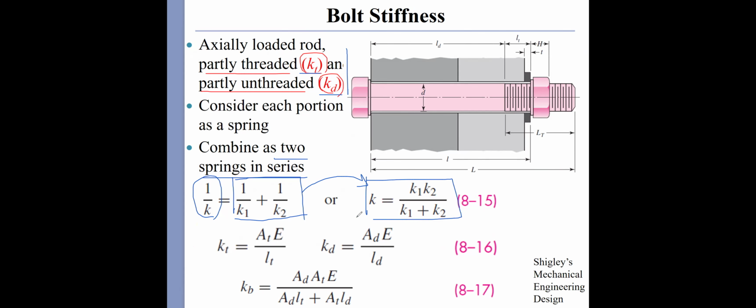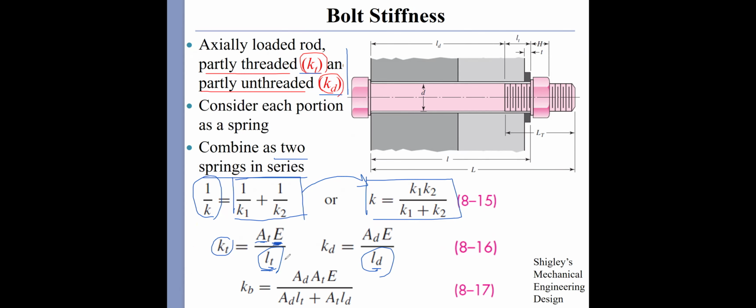Theoretically, we know the spring constant K equals the area times the material property, Young's modulus, over the length, for the threaded and unthreaded portions.